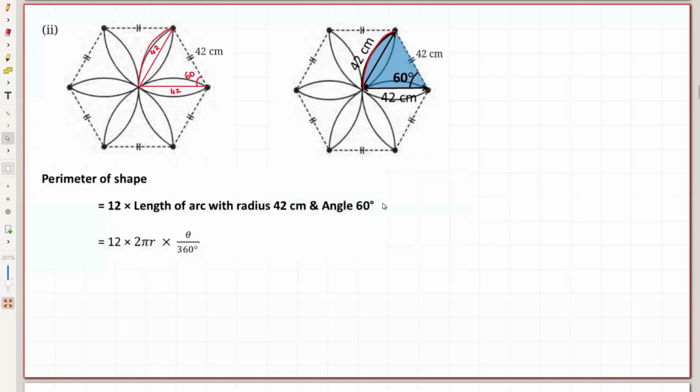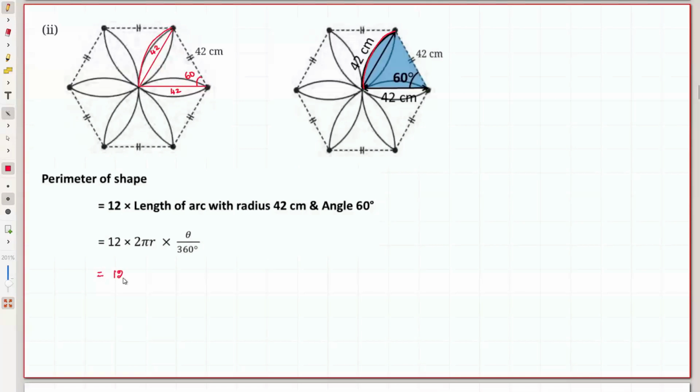So the perimeter of the total shape is equal to 12 into the length of an arc with radius 42 centimeter and angle 60 degree. The formula is 12 into 2 pi r into theta by 360. Just substitute the values and simplify, you'll get the answer.